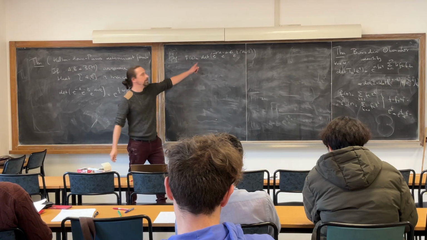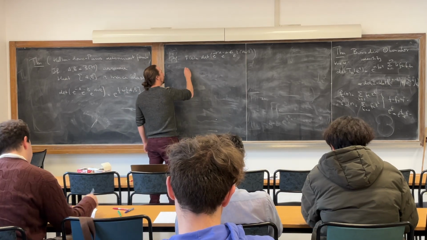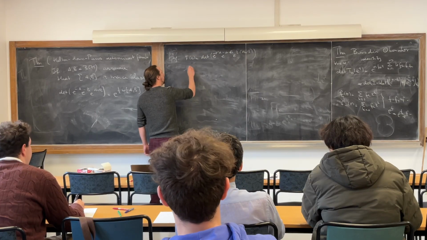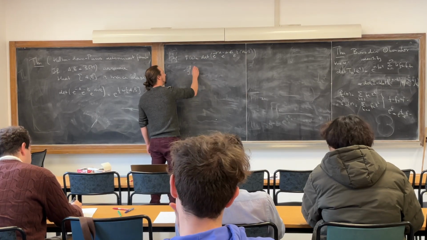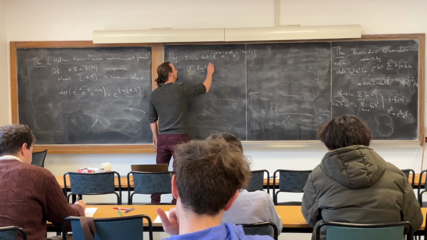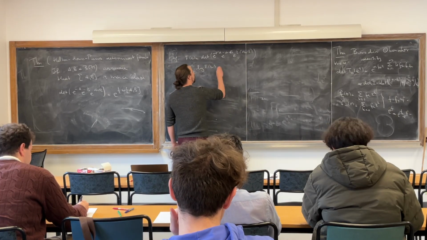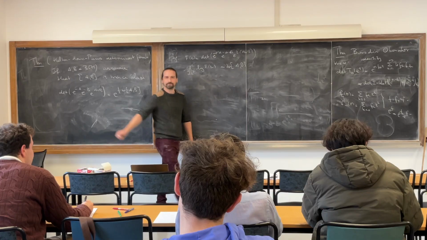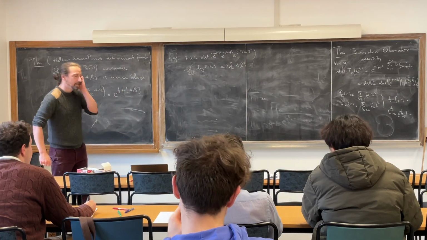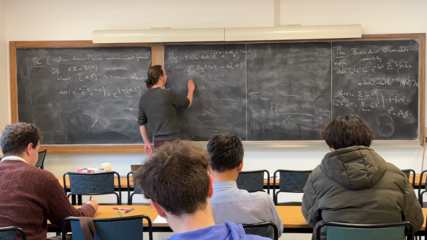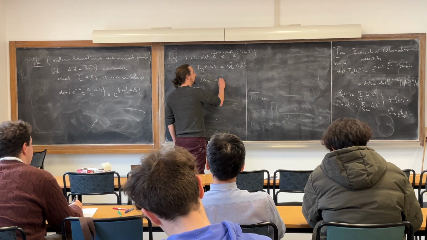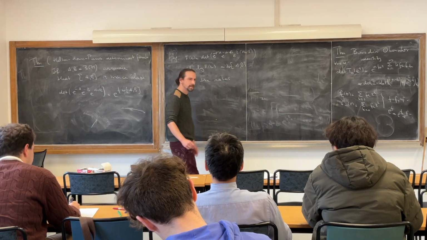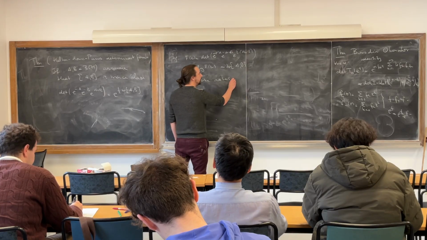Then you compute the log derivative. You look at d squared dt squared of the log of f of t, and you show this is the trace of the commutator of A and B. The proof is in the notes. It's a nice computation, but since I'm a little low on time, I will not do that.